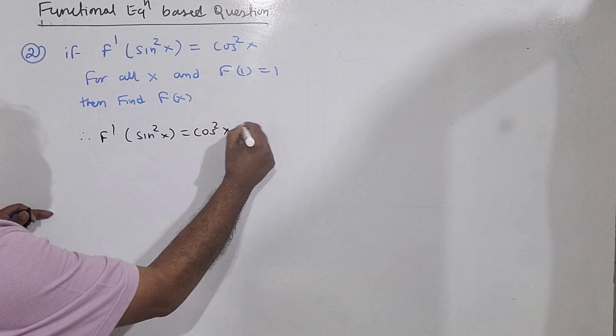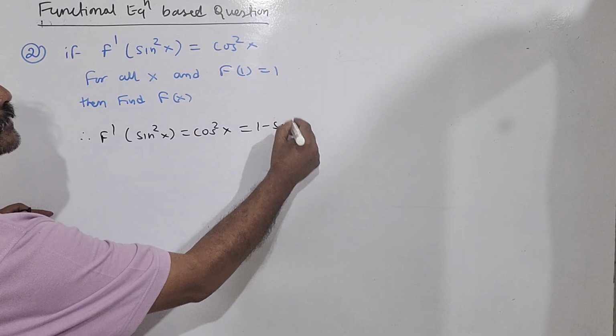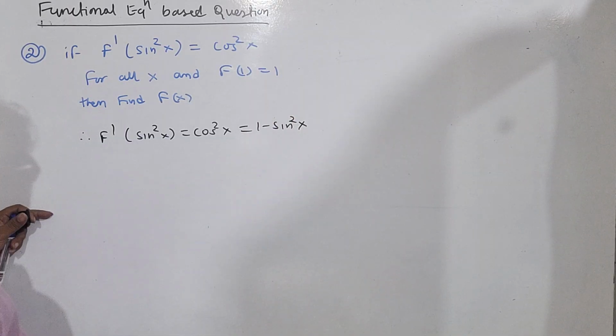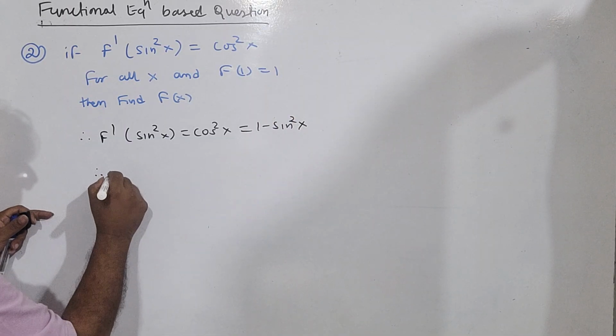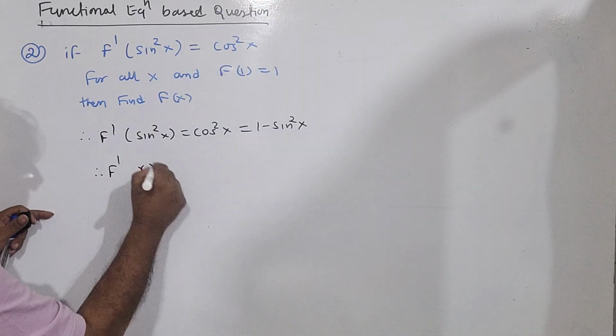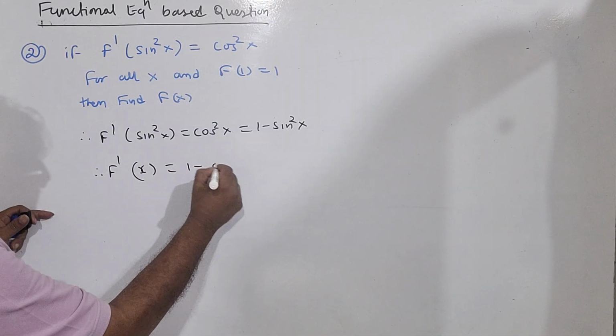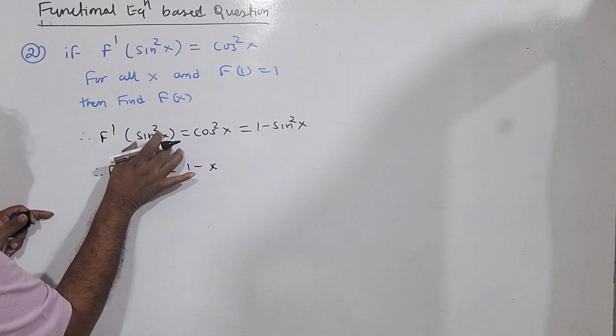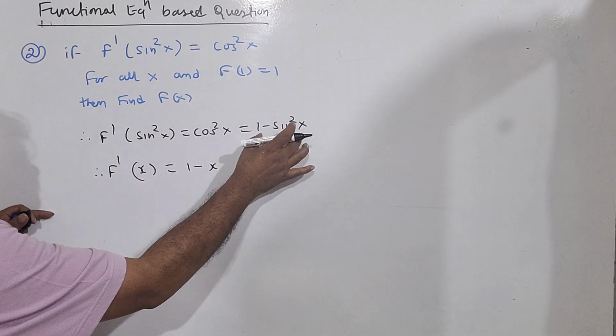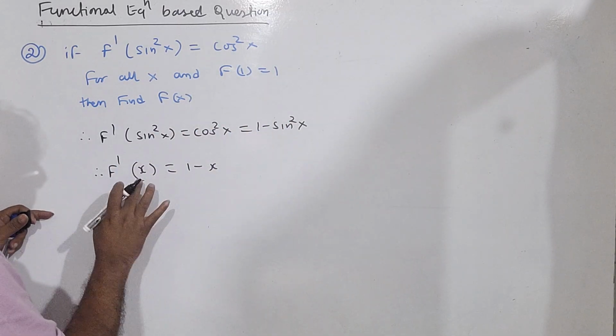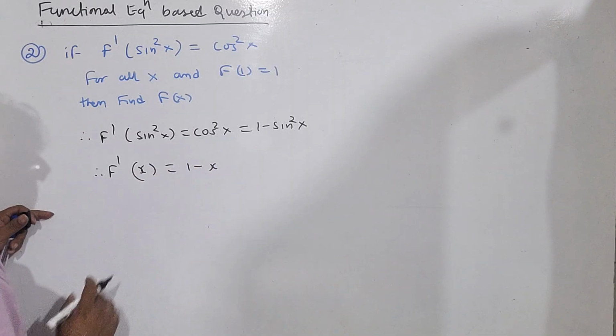I can write cos square x as 1 minus sine square x, so I can now write f dash of x equals 1 minus x. The input is sine square x and the output is 1 minus sine square x, so if the input is x, then the output is 1 minus x.